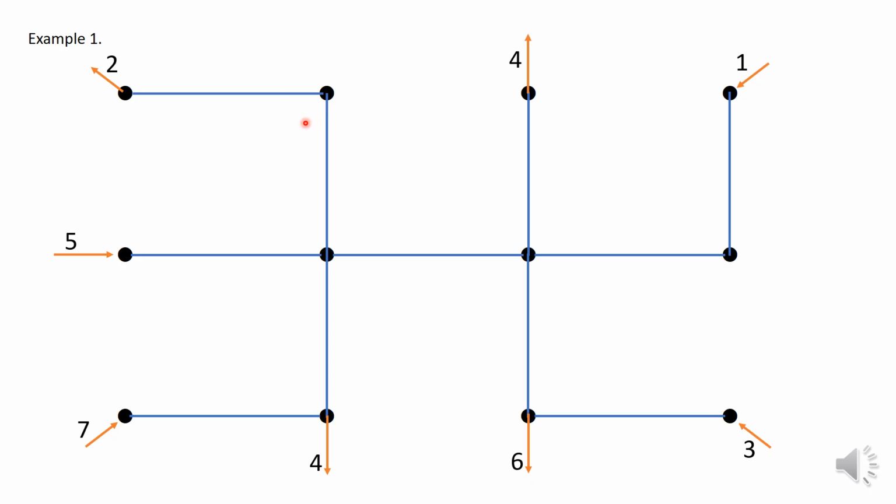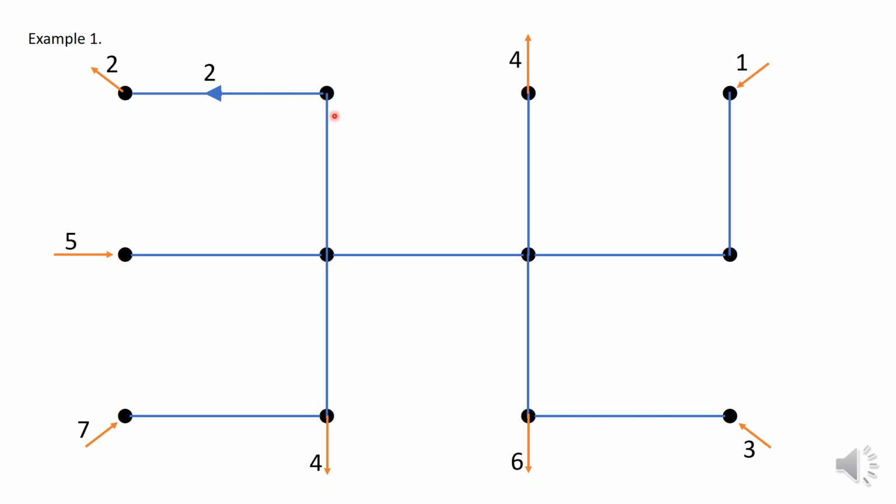So let's start with this branch. I'm assuming that the flow out here would equal the flow in. So along this branch, I'm assuming the same flow all along the branch here. The flow along this branch is 2, so equal input to this node as the output. Now let's consider this node here.